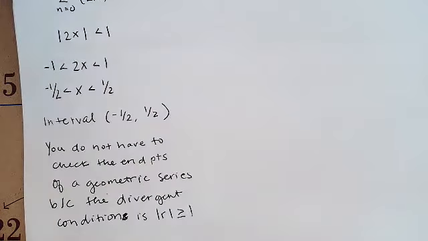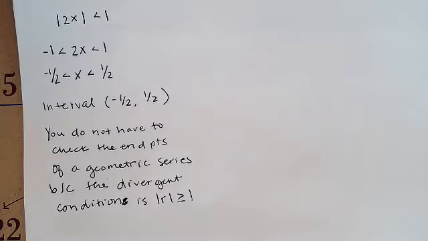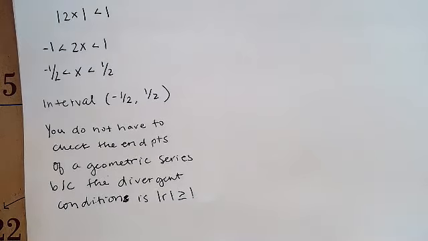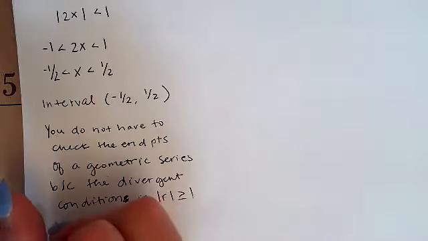Remember with geometric, if r is greater than or equal to 1, it would diverge. Because we're setting it strictly less than 1, within that interval, it will always converge. Anything equal or greater than 1 will automatically diverge.